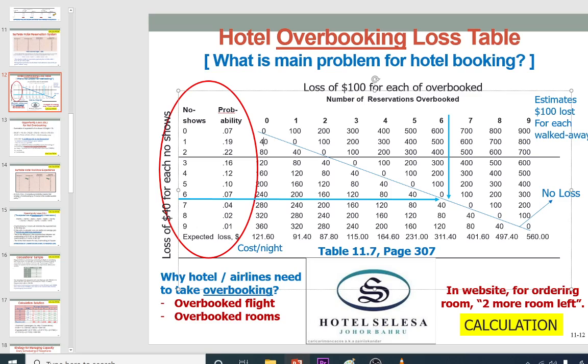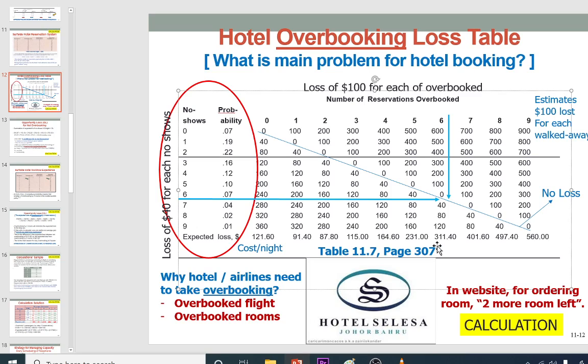So it is $40 multiplied by the number of no-show. So the total expected loss for this situation is $121.60, which is rounded up to $100 per night.